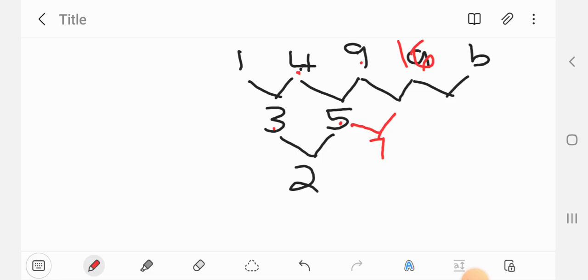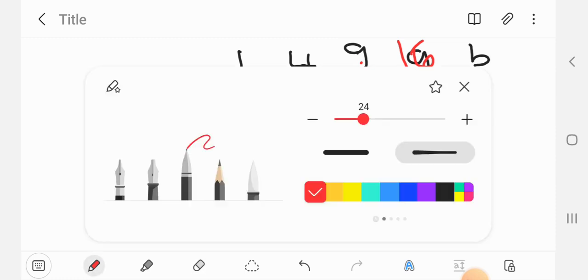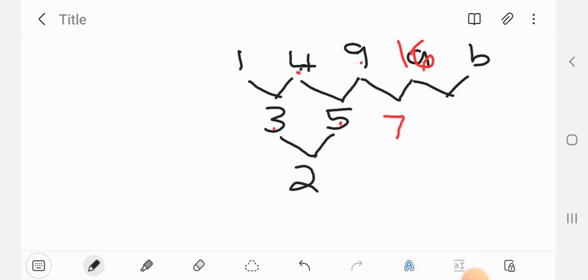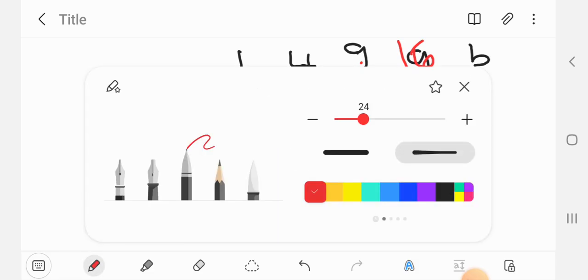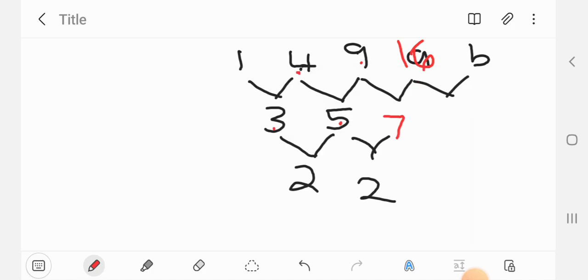And then here we'll still have, let's do it like so. Here we have 7, and then this side we have 2. So we'll also have 2 plus the 7. So 7 plus 2 will give us 9 here.